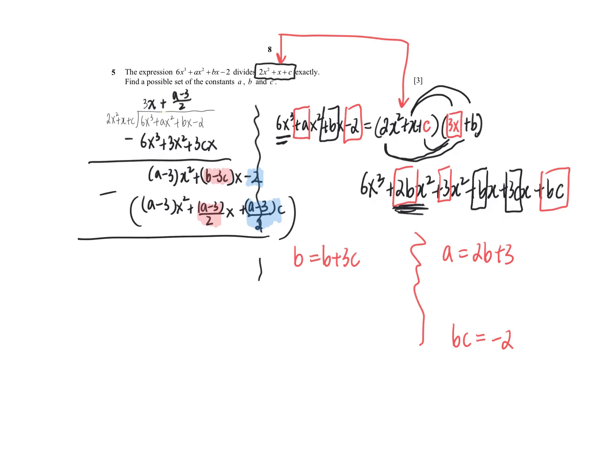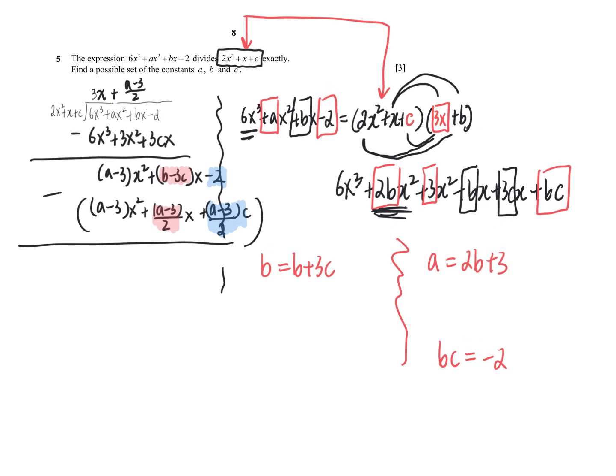The answer says 3x plus 2. No. I don't know what is that value. That's why I need to find. Miss Mom, what question is this? B is what? D doesn't matter.